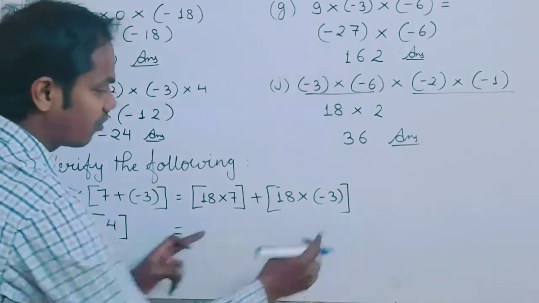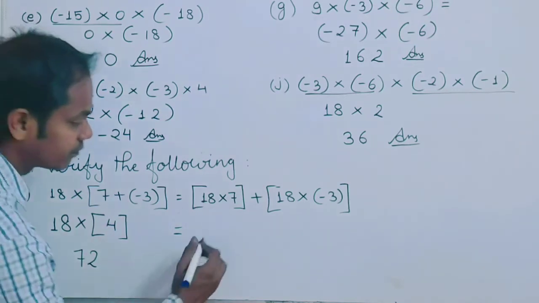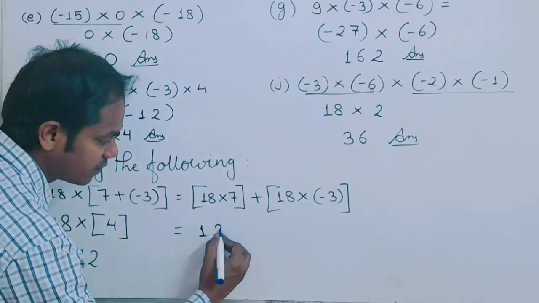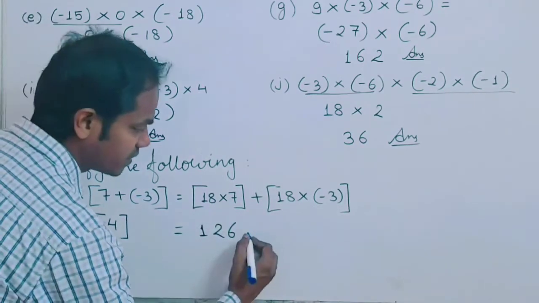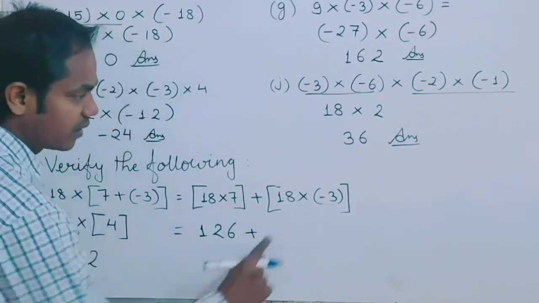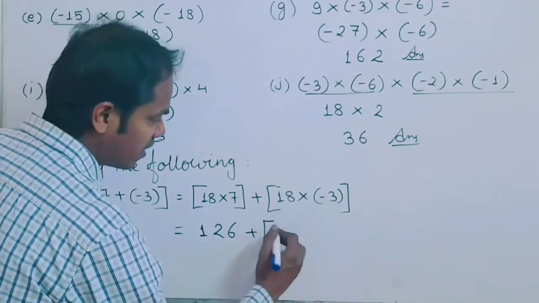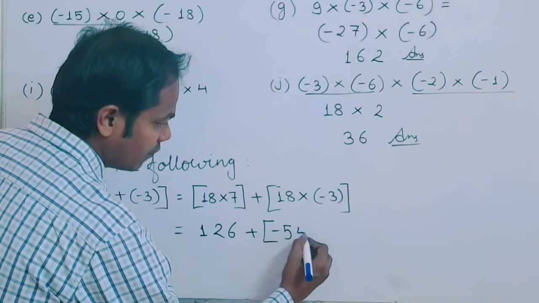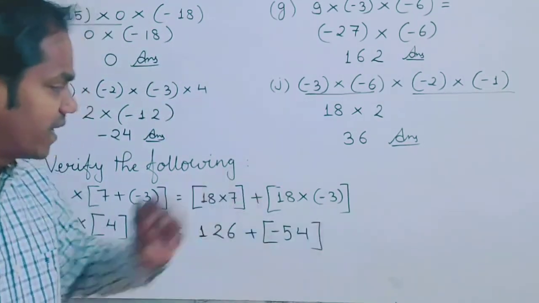Same way, solve this. 18 7s are 126. Okay, plus 18 3s are, see this is negative sign. 18 3s are 54. Minus 54 because this is minus 3.